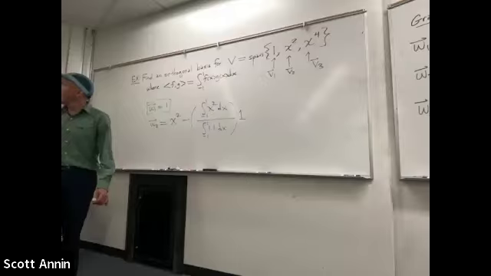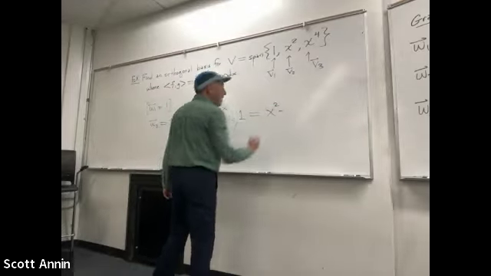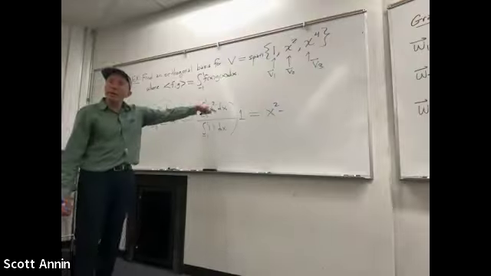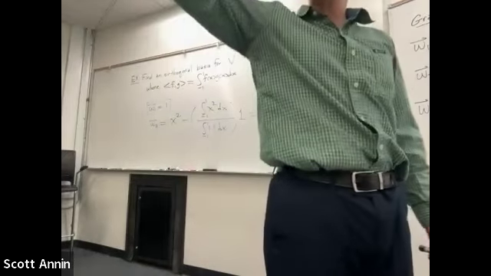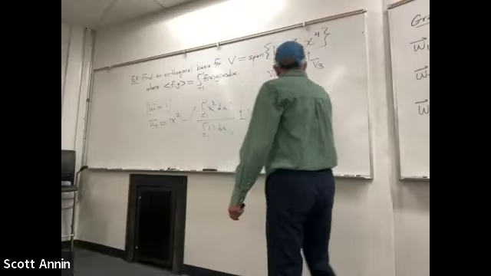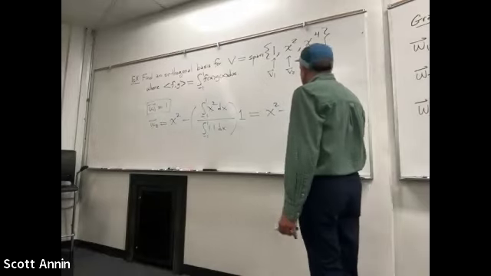Okay, and let's go ahead and work out these integrals. I'm going to go kind of fast on the integrals portion of it. The integral of x squared from -1 to 1, you'll get 1/3 of x cubed, and you'll evaluate that from -1 to 1. It comes out to 2/3. And then on the bottom, when you just integrate dx from -1 to 1, you end up getting 2.